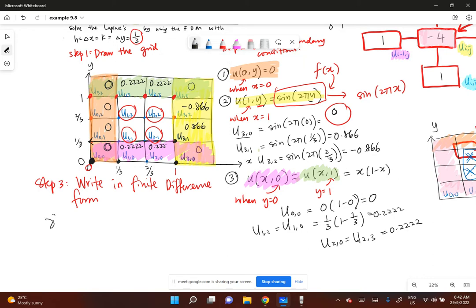So the finite difference form: the second partial derivative of u with respect to x plus the second partial derivative of u with respect to y equals 0.